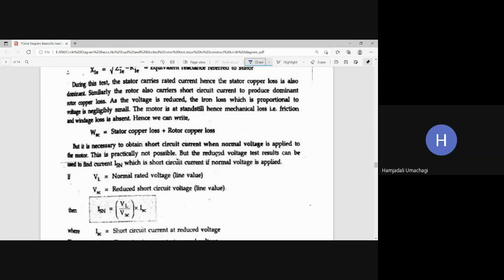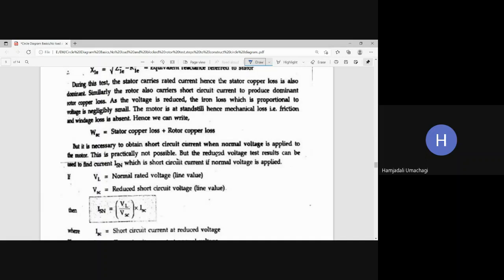Since the block rotor test is the short circuit test, carried out at a small voltage allowing the rated current to flow, we want the information for when we apply the rated voltage. But we cannot apply rated voltage during the short circuit test, which may damage the induction motor.